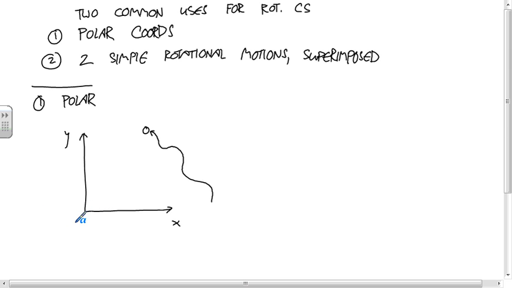But for certain motions, it's simpler to give its path in terms of a distance r from the origin and an angle theta from the positive x-axis of our implied coordinate system. So you might think of the coordinates in polar as being r and theta.